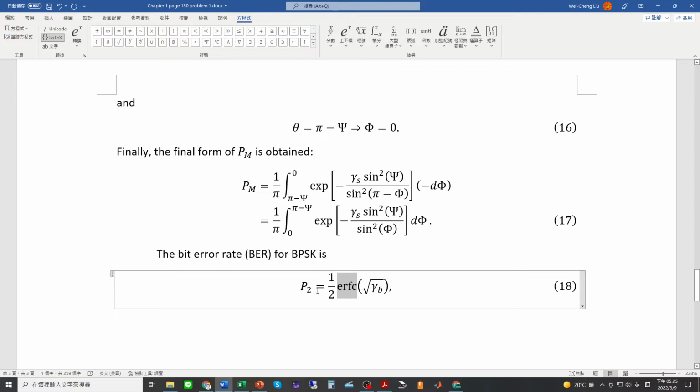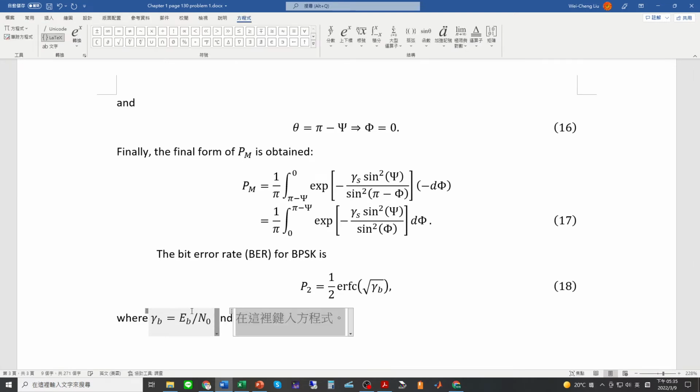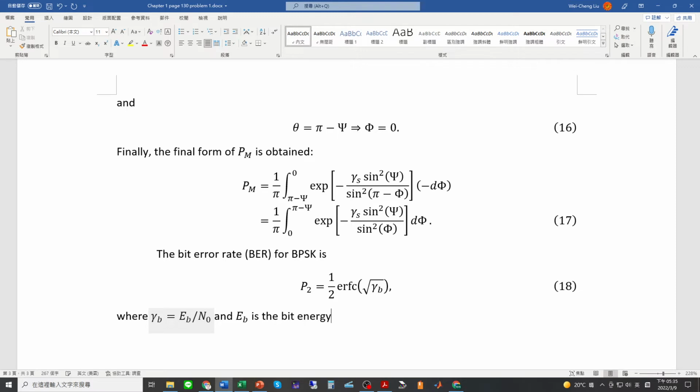P2 is equal to 1 over 2 times ERFC of the square root of gamma B, where gamma B is equal to EB over N null, and EB is the bit energy.